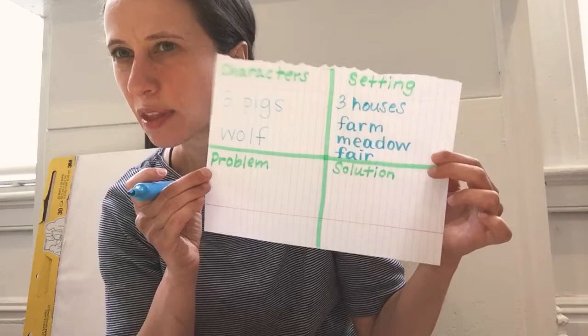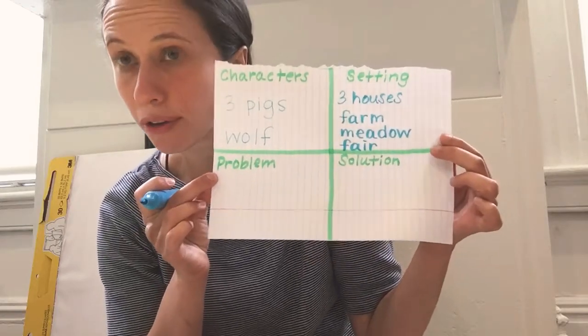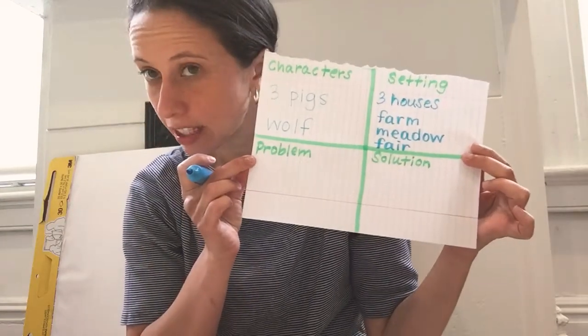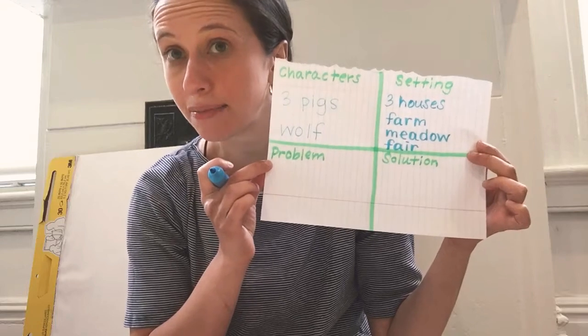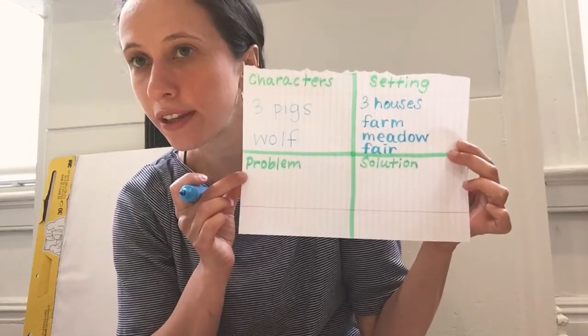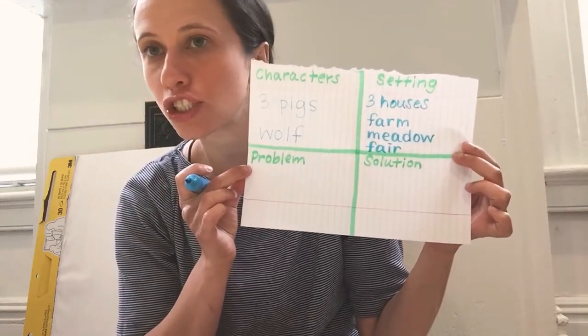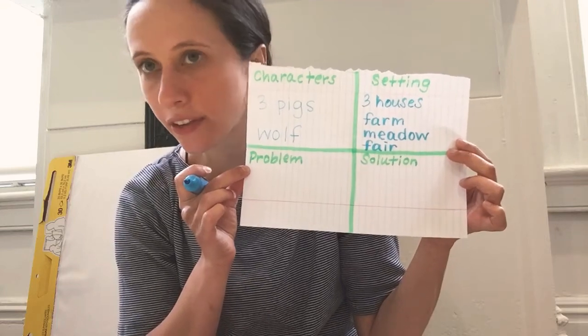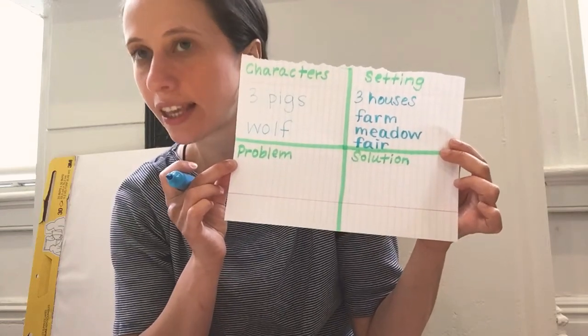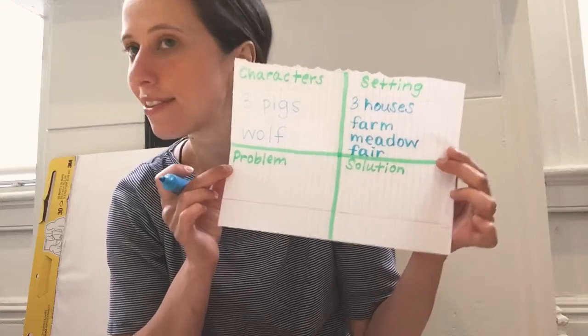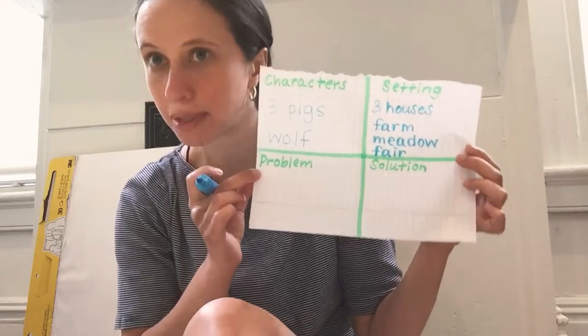Okay, let's talk about the problem in the story. What goes wrong? So the main problem is that the wolf is trying to trick the pigs so that the wolf can eat them. So that's kind of the biggest problem in the story. And the wolf eats the first 2 pigs, right?